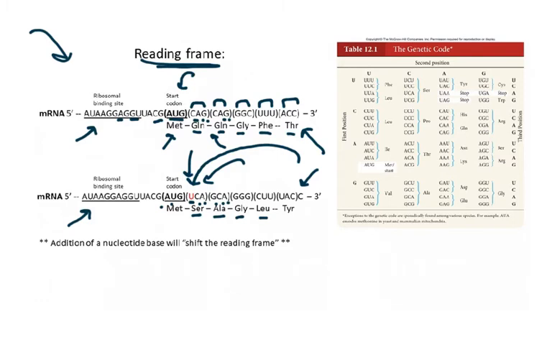Because with this little U, our first codon after the start codon is UCA instead of CAG. And if you look, there's the CAG, it's still here, but we have altered the reading frame. This addition of a nucleotide shifts the reading frame and completely changes the protein.